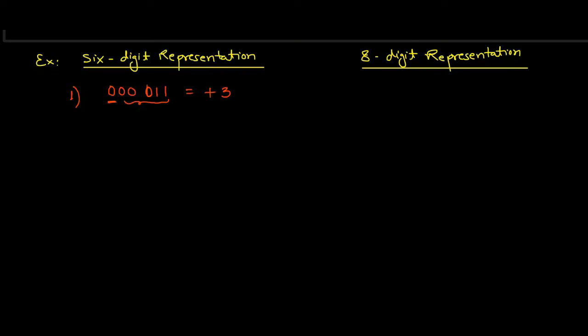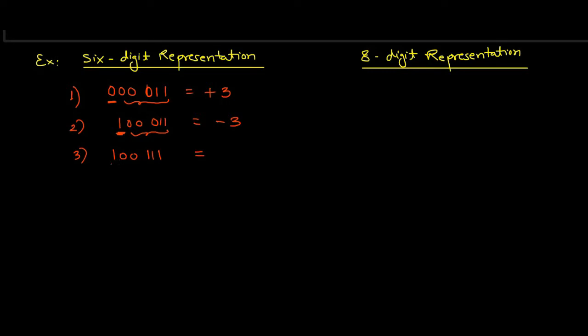Other examples are 1 0 0 0 1 1. Here the sign bit is 1, means it is negative value, and this is again 3, so it is minus 3. Then 1 0 0 1 1 1.